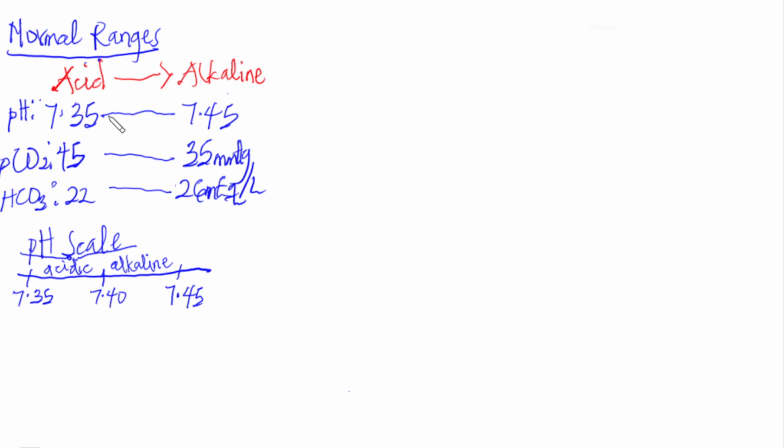So even within the normal range, anything below 7.40 is termed acidic. You remember in primary school, we had a number line. Any number which falls here, be it 7.34, 7.33, they are all in the normal range, though, but they're on the acidic side of the normal range. You understand? Yeah, and anything above 7.45 is considered alkaline.